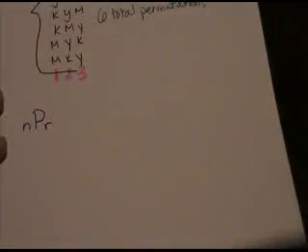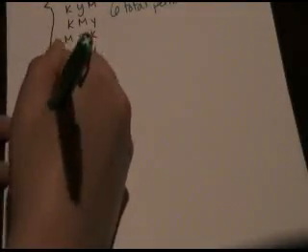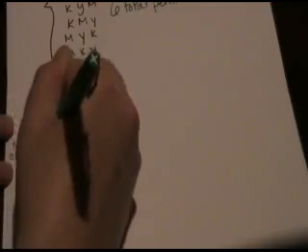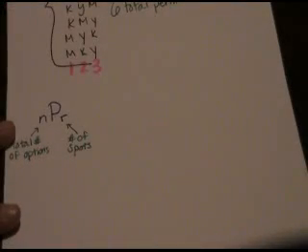In capital P, little r. Within that, the N still stands for the total number of options, but the R is basically the number of spots you have to fill.